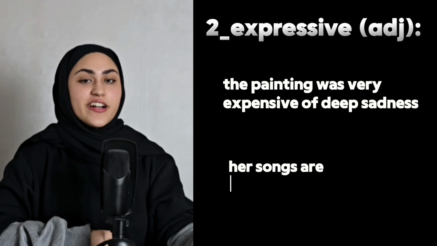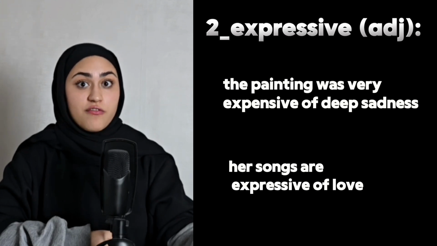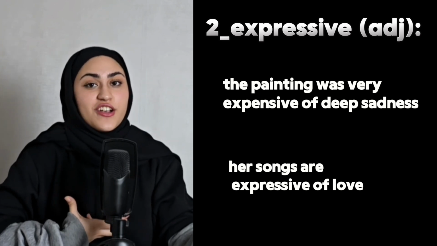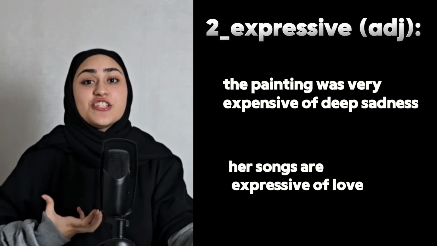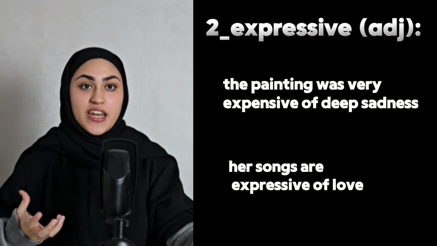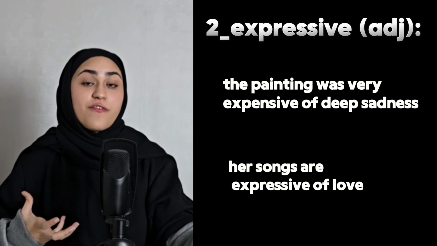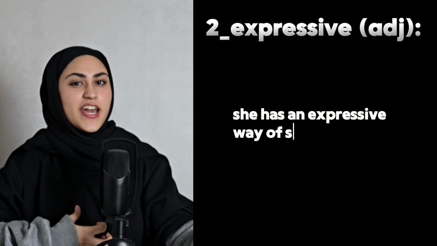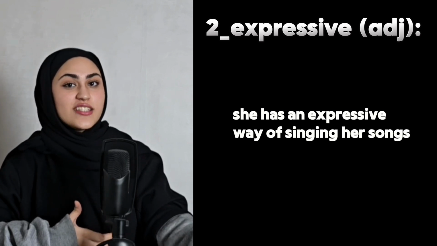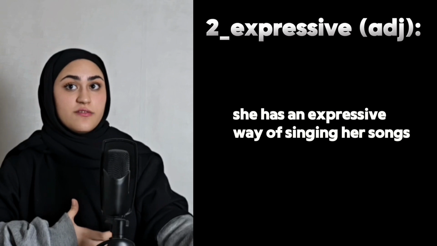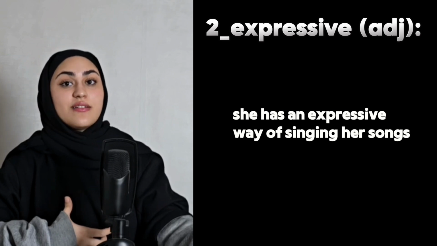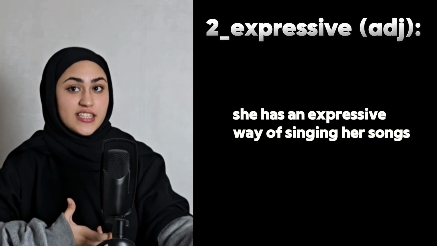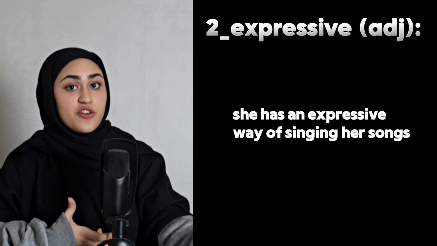Her songs are expressive of love, for example. That means that her songs are very powerful in showing the emotion and feeling of love. Or we can say she has an expressive way of singing her songs. It means that she's very powerful in showing and representing her emotions, feelings and thoughts in her songs.